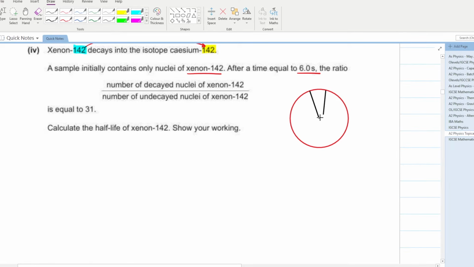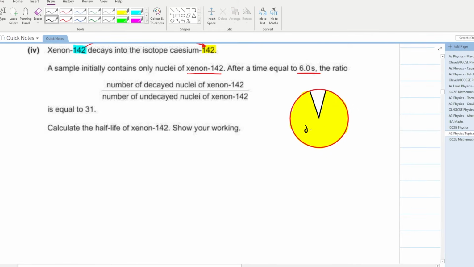The entire circle except the black triangle, this entire yellow highlighted region, is the number of decayed nuclei.